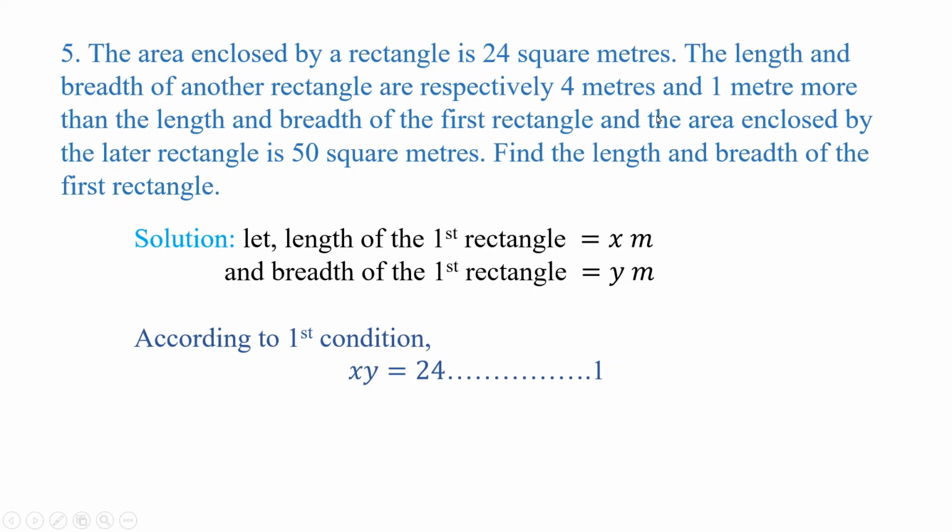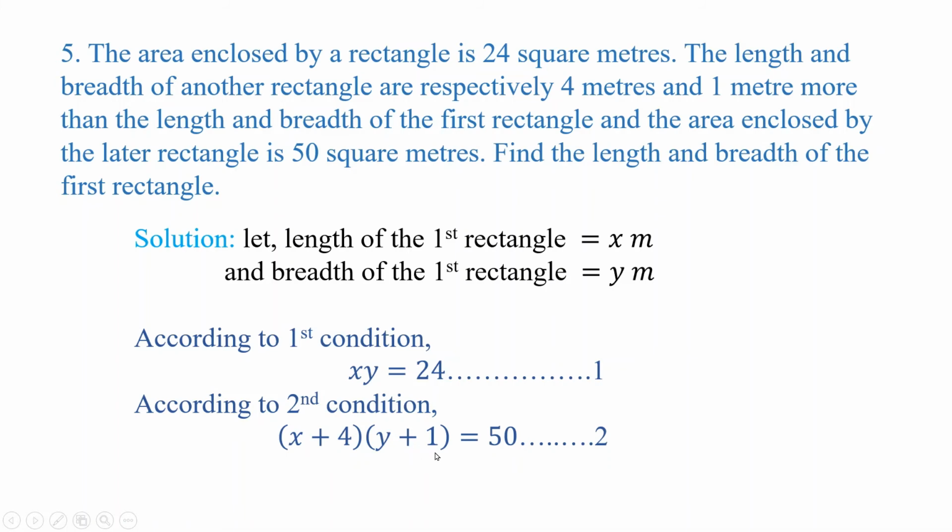Therefore, breadth of the another rectangle is y plus 1. Therefore, according to second condition, x plus 4 into y plus 1 is equal to 50 square meters. Okay, and mark this equation as 2. Now, using substitution method, you can easily solve this, so do yourself.